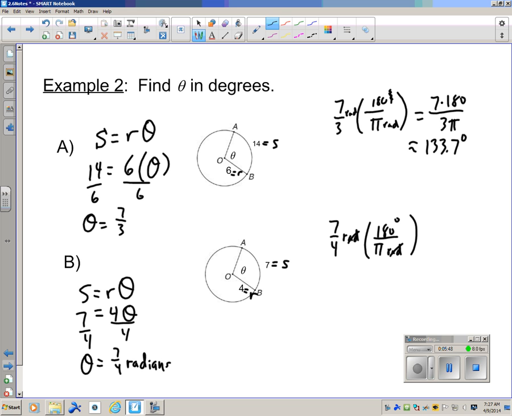So these cancel out. Now I can take 7 times 180, divide by 4 pi, and we end up getting the number of degrees being about 100.3 degrees. So that's using that nice formula.